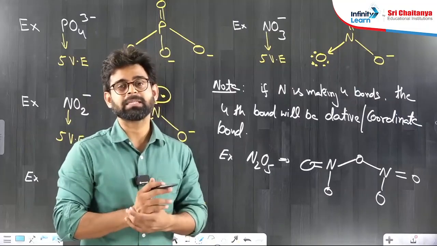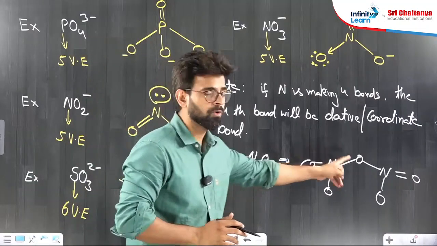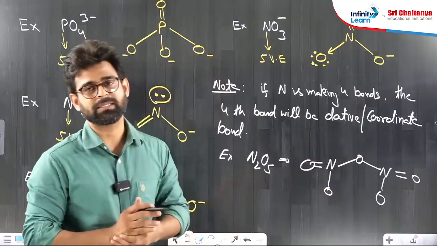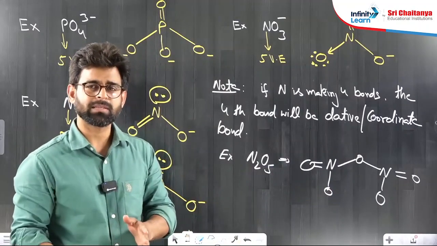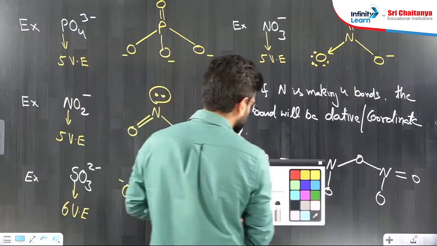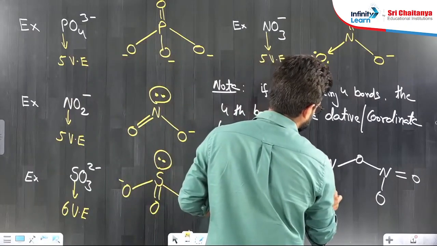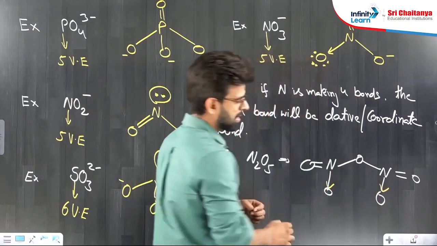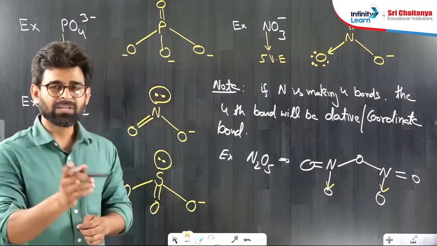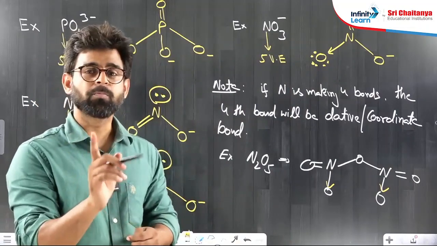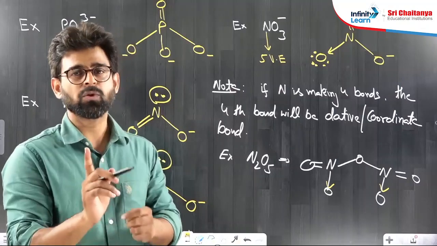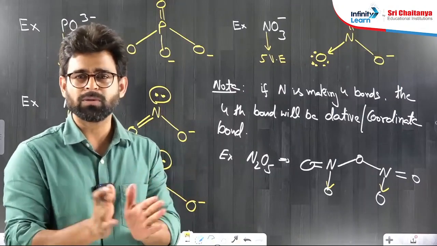Yes, coordinate bond is present here. If nitrogen is making 4 bonds, coordinate bond is present here. Right? Clear? So if nitrogen is making more than 3 bonds, the 4th bond is a coordinate bond. So you can identify. Clear? In NO2 plus, do not think it is making coordinate bond. In NO2 plus, N is plus. So those 4 bonds are there. Those are normal bonds.